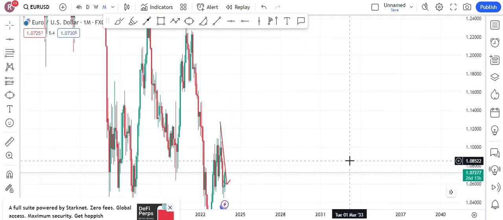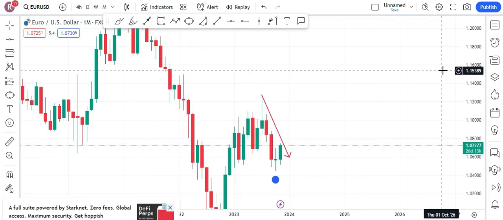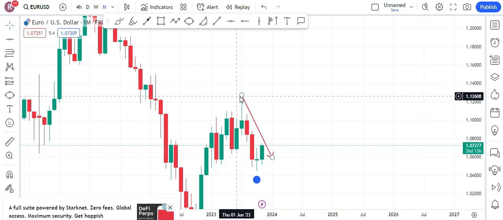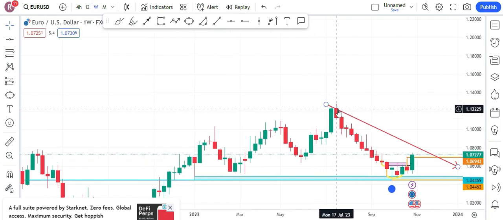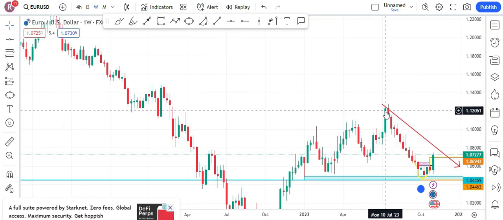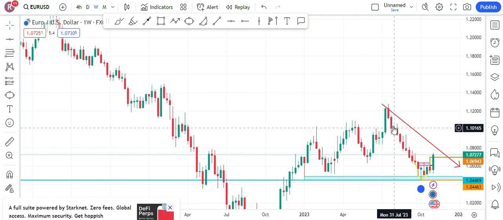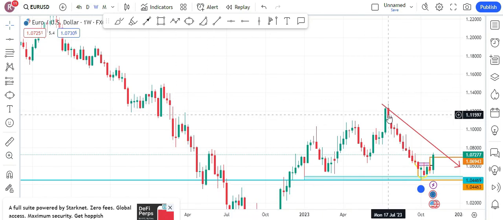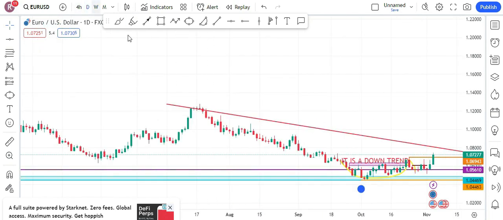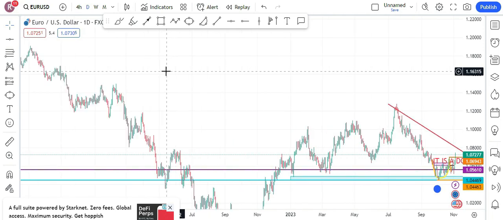You can see why the price started going down from here. In weekly we couldn't find why the price started going down from here, as there is no double top here. We cannot find anything in reference to this, but in the day now we have something here.